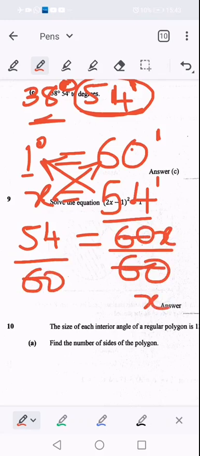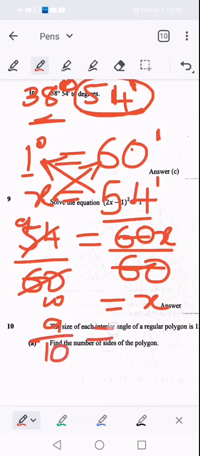So x is equal to 54 over 60, you can reduce. Cut by 2, then by 6. 6 times 9 is 54. Then 6 times 10 is 60. So we have 9 over 10 equal to x.